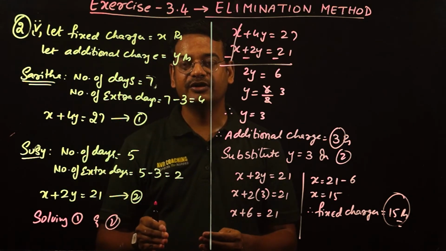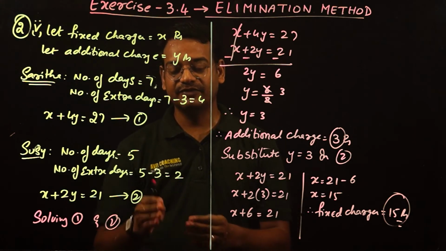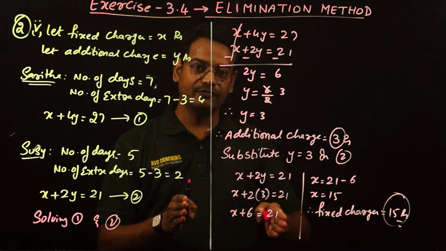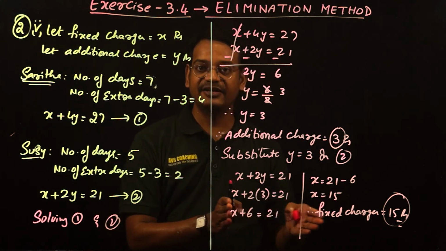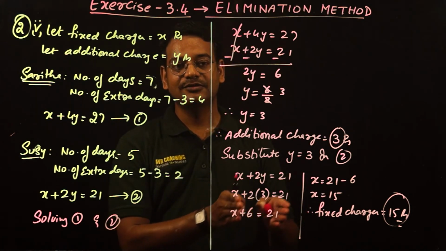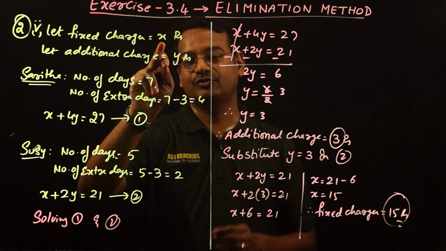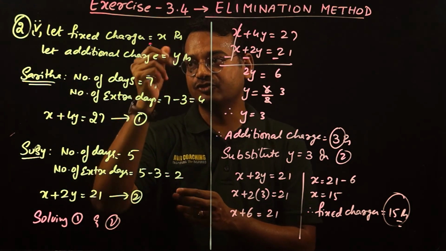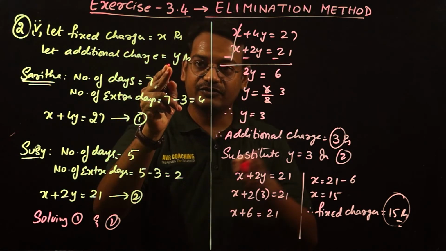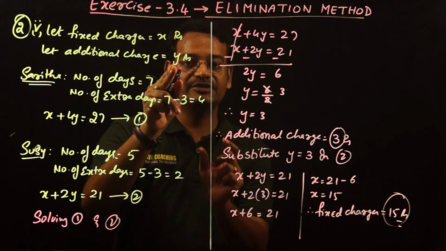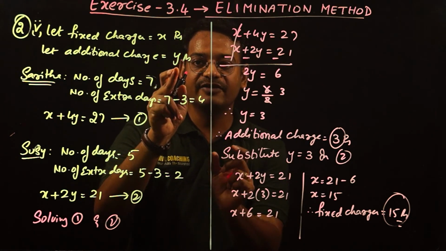If you return the book within the first 3 days, you will be charged the same. After that, for the consecutive next 7 days, you will be charged an extra amount. So here the fixed charge is x, for the first 3 days, and for the additional charge for 7 days, they will be charging y rupees per day. So the total for 7 days will be 7 into y.